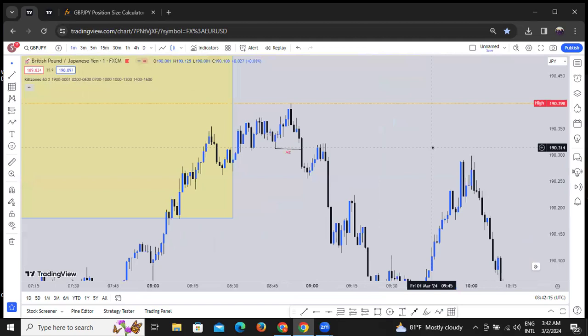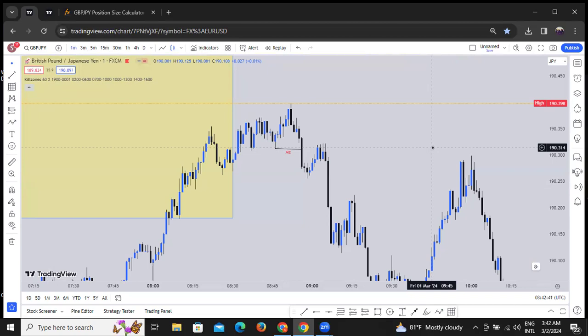So I don't need to find flip zone or wait for flip zone to form. No, I don't need it. I don't need a second confirmation as to market break of structure before I take my trade. No, because first, the market from the higher time frame is already bearish, like it has changed to bearish.